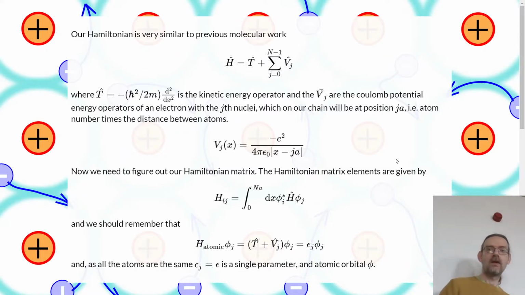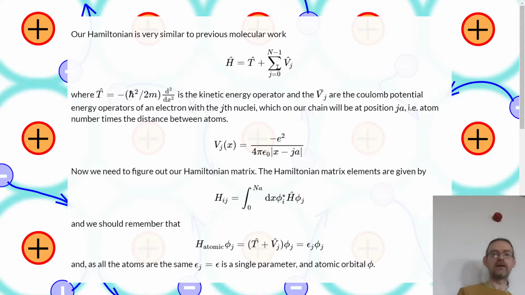What I've written as the Hamiltonian for an electron is the kinetic energy of the electron, the same thing as we've had before, p squared upon 2m, for the electron whizzing around. And then this summation means this electron interacts with each of the nuclei in the crystal.